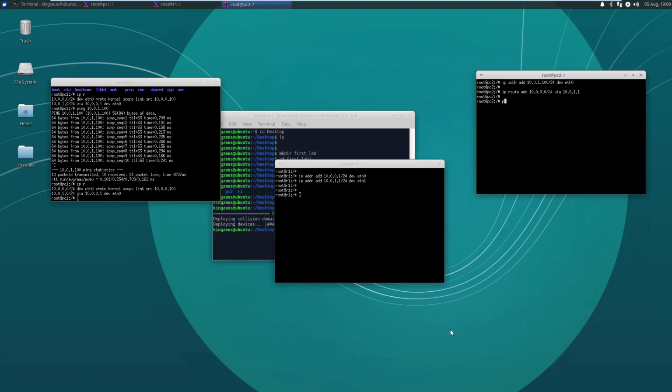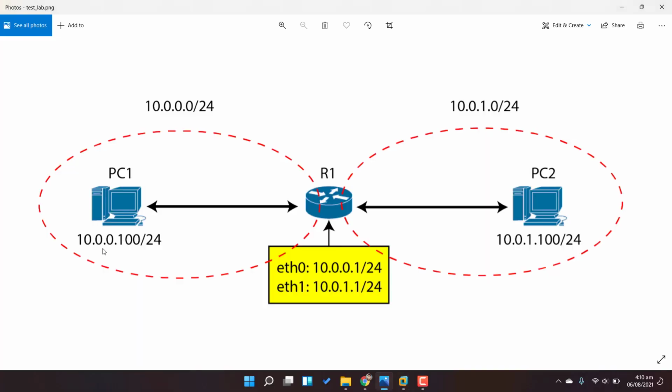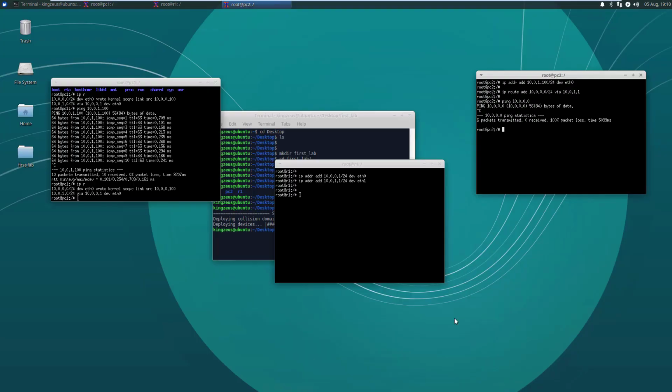So we are going to ping the first one, 10.0.0.0, and it's not working. Probably there's a mistake. Let me have a look if I'm doing the right thing. No, it was 10.0.0.100. I am pinging the wrong system.